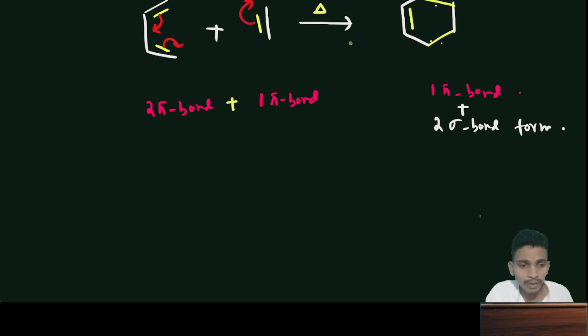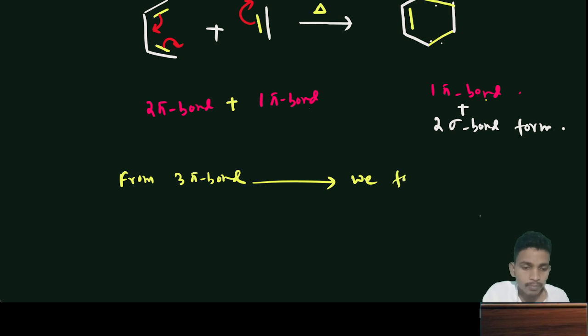So three pi bonds, what do they make? One pi and two sigma bonds. It means that from three pi bonds, we form two sigma bonds and one pi bond.